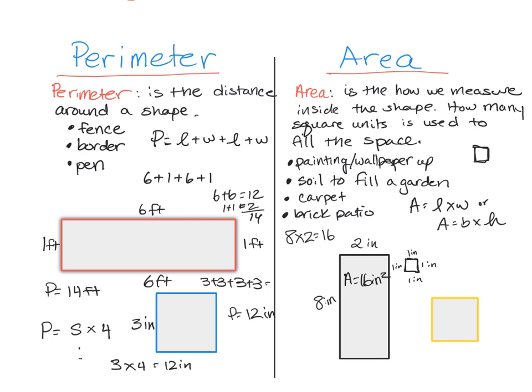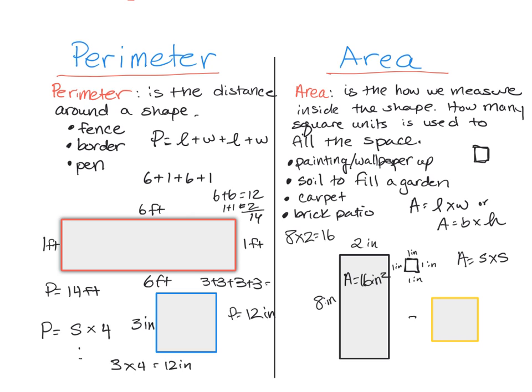With the area of a square, again, you can do length times width. You can absolutely do that. We've also seen a formula for side times side. Now, it's not side times 4 anymore because you're not doing all 4 sides. You're just doing 2 sides.